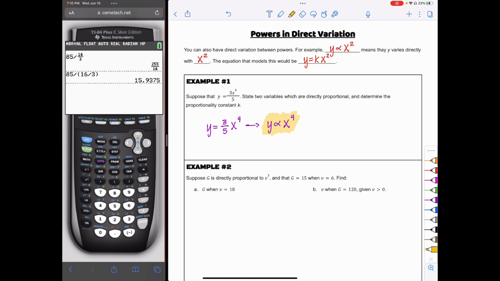When I write this with K, I'm going to say that this is the same thing as saying Y is equal to K times X to the power of 4. And I know that K is the number that is being multiplied by. So here I already know that my K is equal to 3/5.